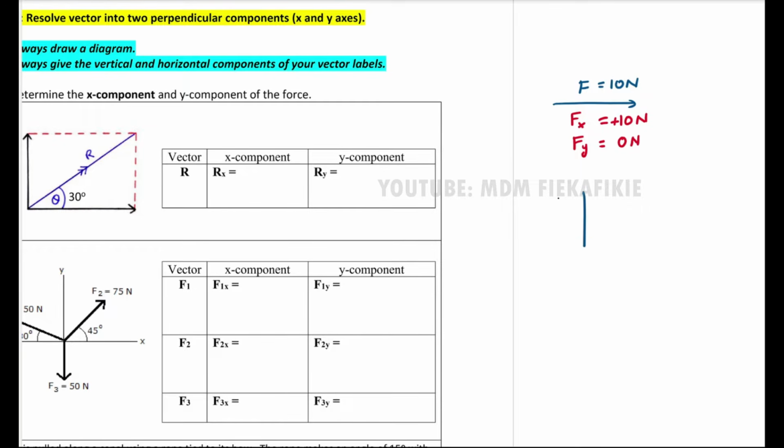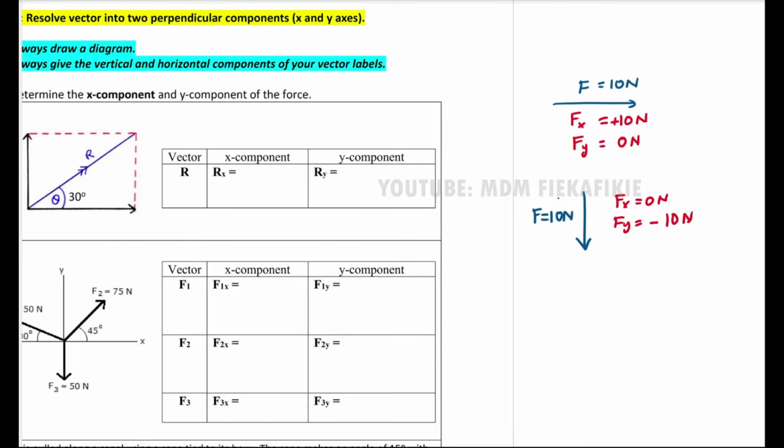Tapi kalau macam ini ke bawah, F is equal to 10 Newton. So no need to resolve, right? It's because the direction is downward. So dia hanya ada Fx kosong, dia tak ada x component. Fy dia ada nilai. Direction downward kita perlu letak negative 10 Newton.